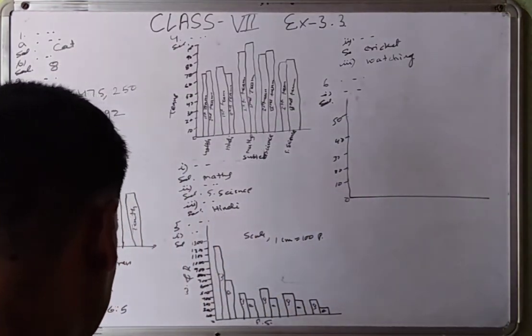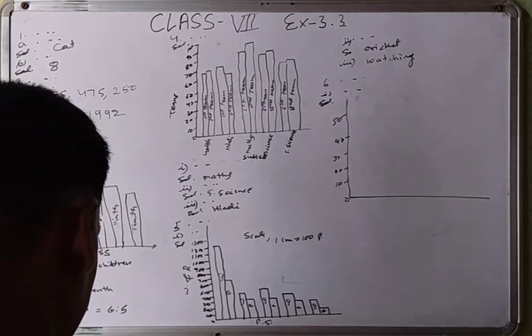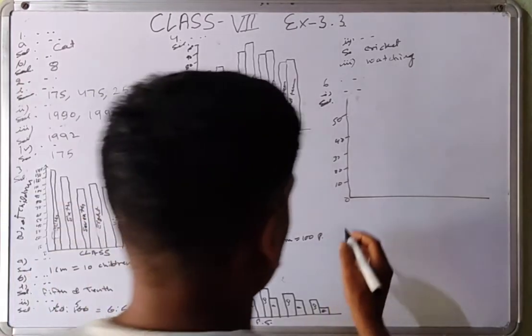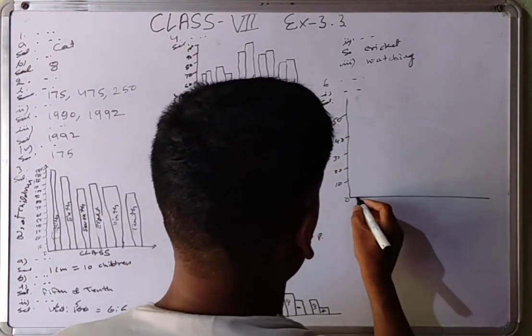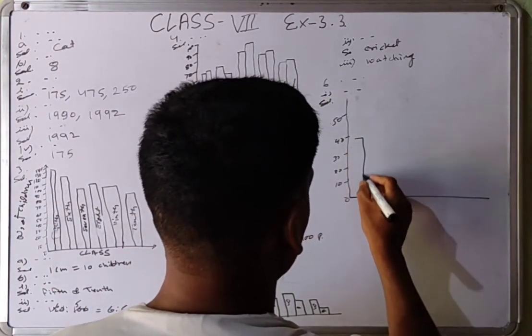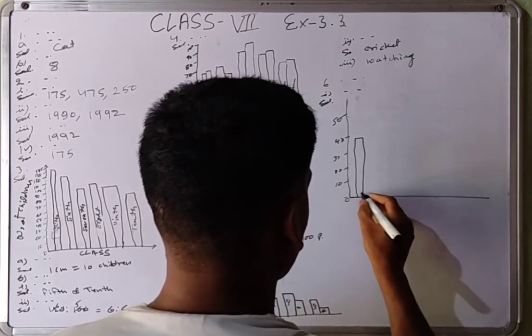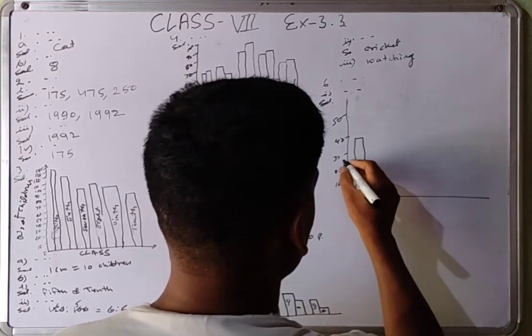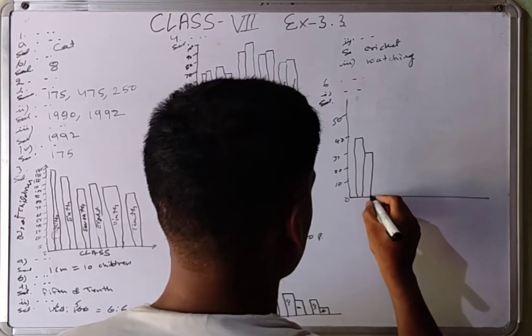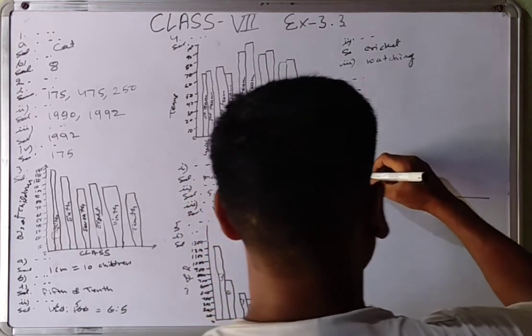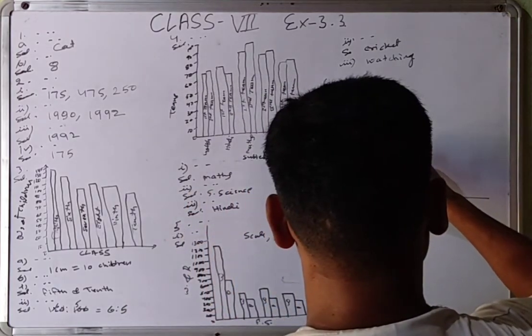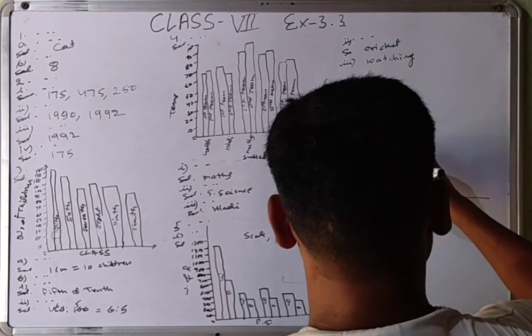So first is 38 and 29. 38 means up to here, and 29 will come up to here, right? This is the maximum, this is the minimum.